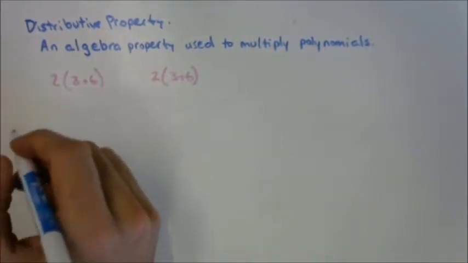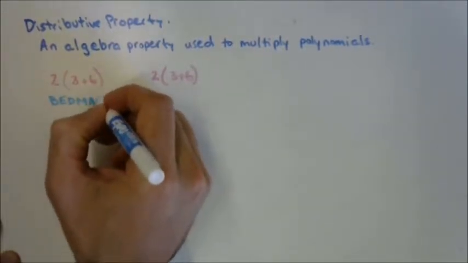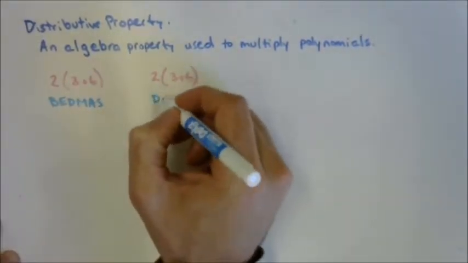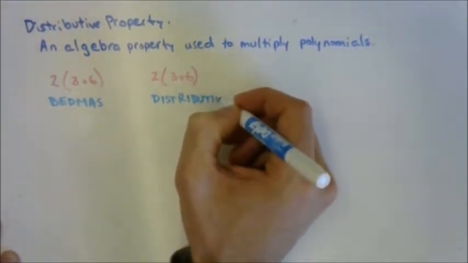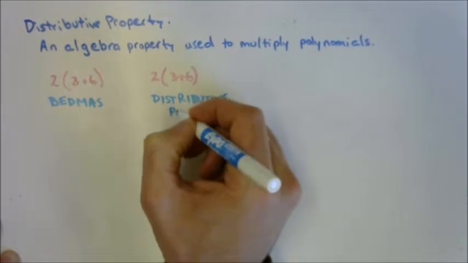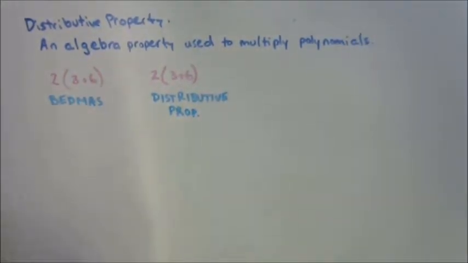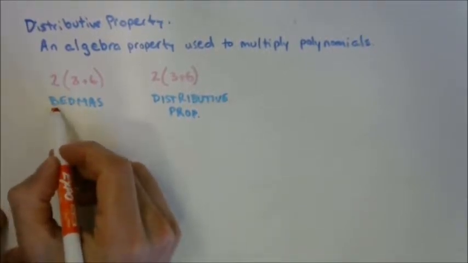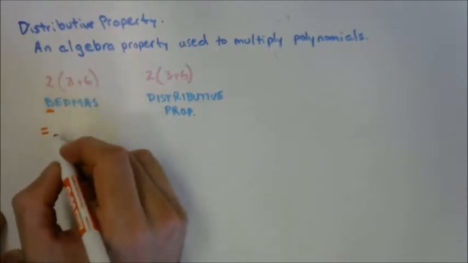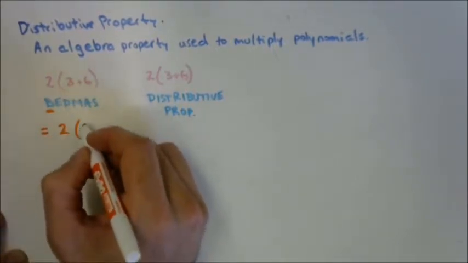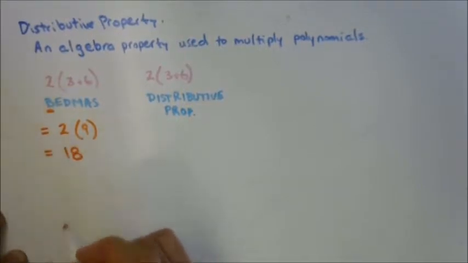We could solve this using BEDMAS, or we could solve it using the distributive property. If we use BEDMAS, we need to deal with what's inside the brackets first. So 2 times 3 plus 6 would end up being 2 times 9, which would equal 18.